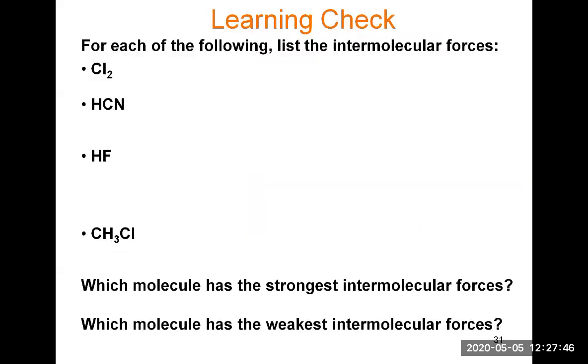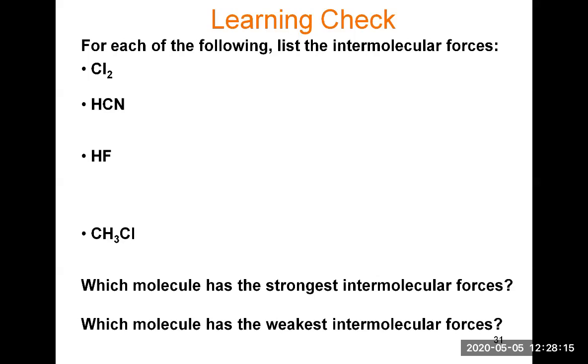So let's go through a learning check. For each of the following, list the intermolecular forces. And so it's asking you to list the forces that each molecule experiences with molecules of the same kind. So Cl2 between Cl2, HCN between HCN molecules, and HF between HF molecules, etc. Right?